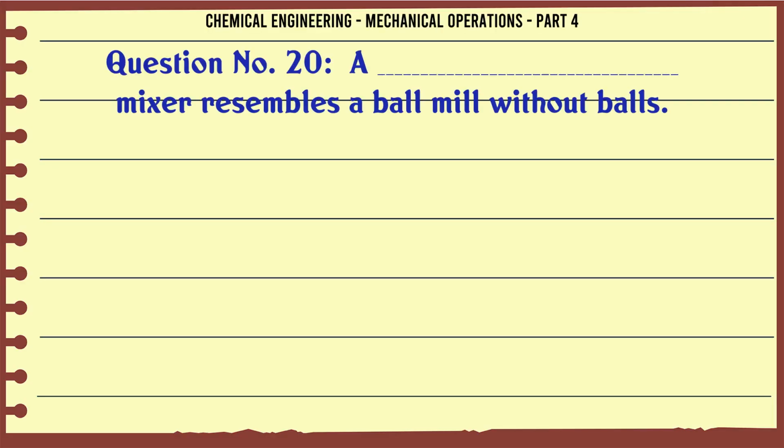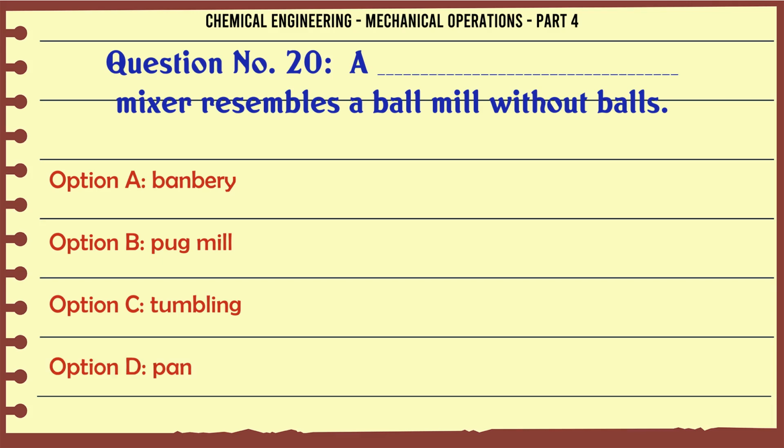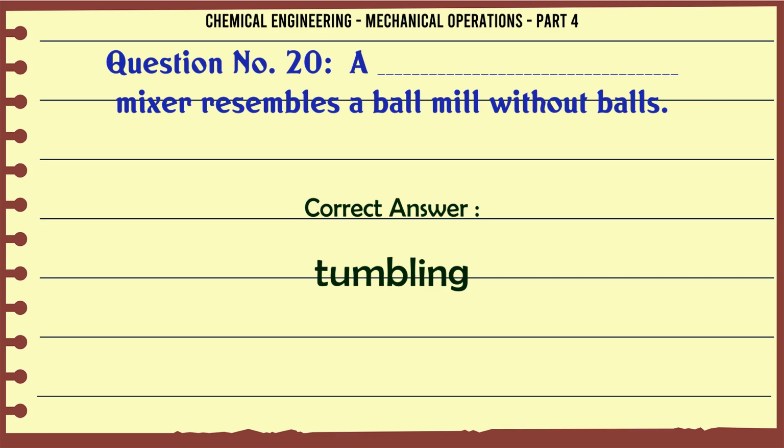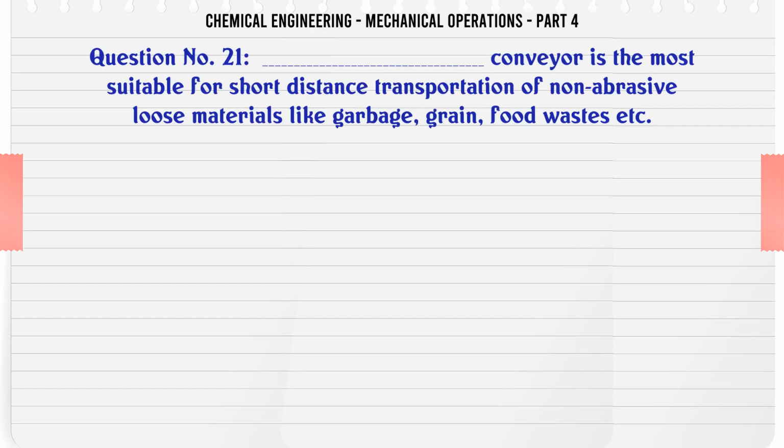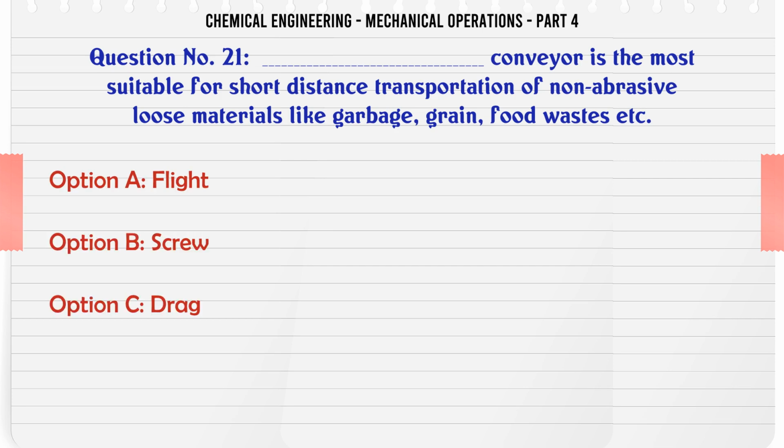A mixer resembles a ball mill without balls. A. Banbury. B. Pug mill. C. Tumbling. D. Pan. The correct answer is tumbling. Conveyor is the most suitable for short-distance transportation of non-abrasive loose materials like garbage, grain, food wastes, etc. A. Flight. B. Screw.